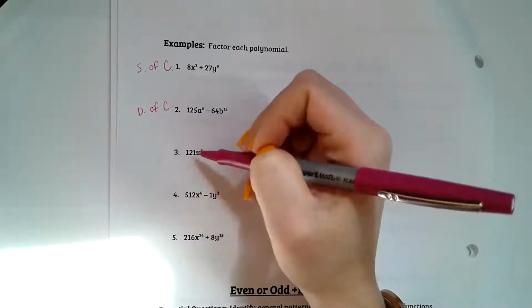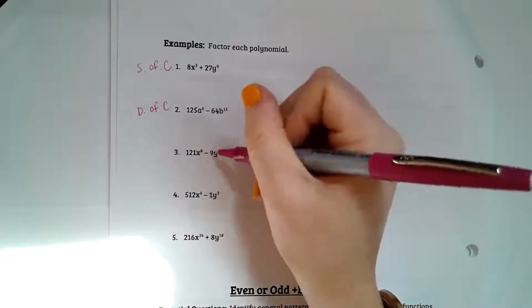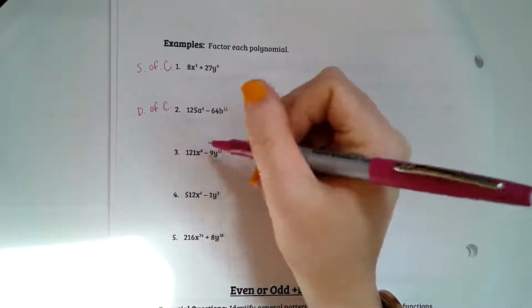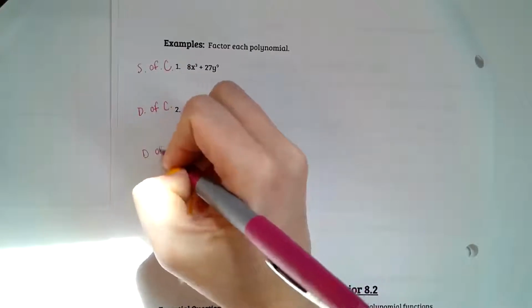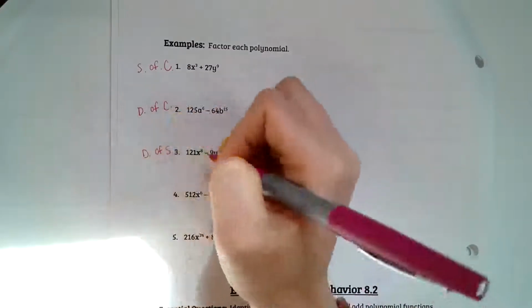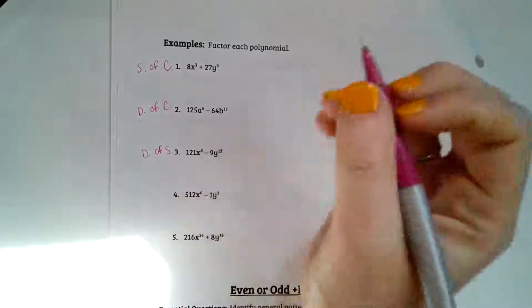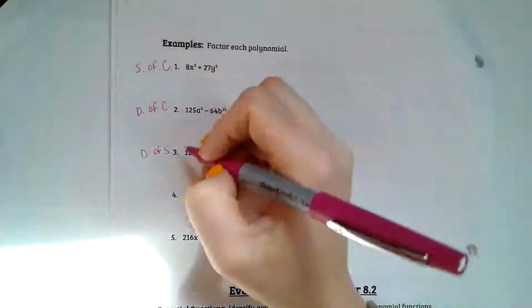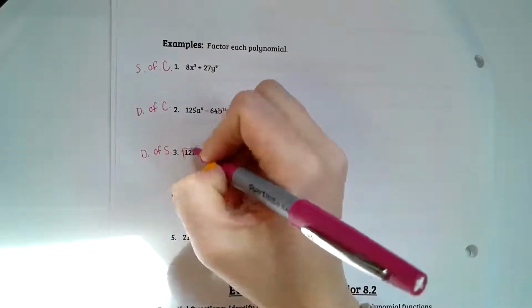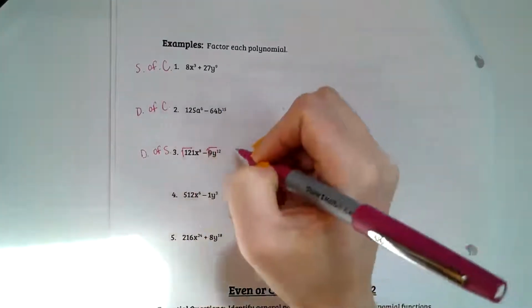Now 121 and 9 are not perfect cubes. This is actually our difference of squares method that we did in the last unit. So just to give you a reminder, this is where we would square root both of them.